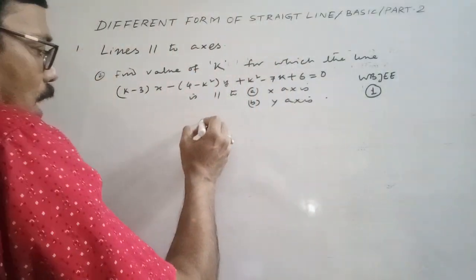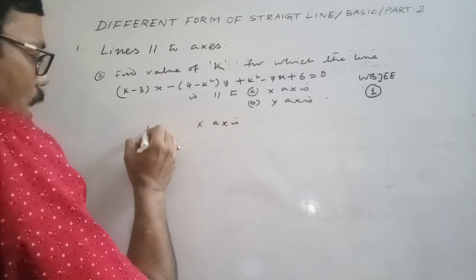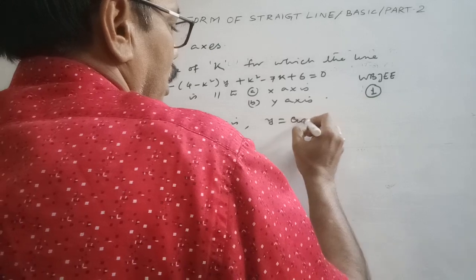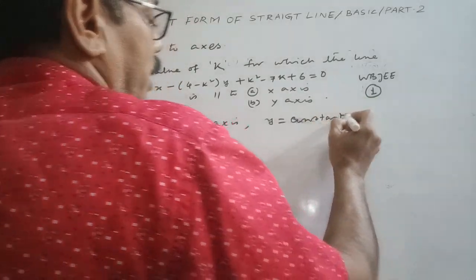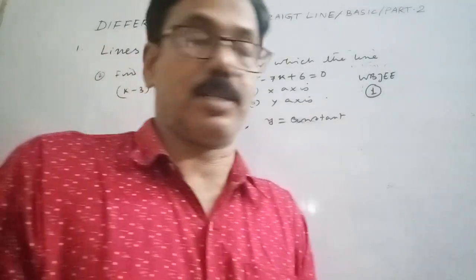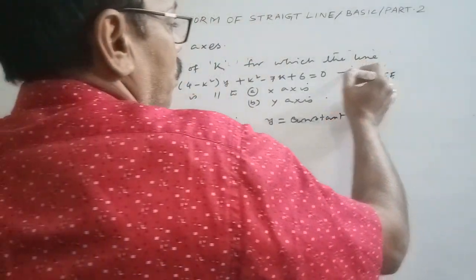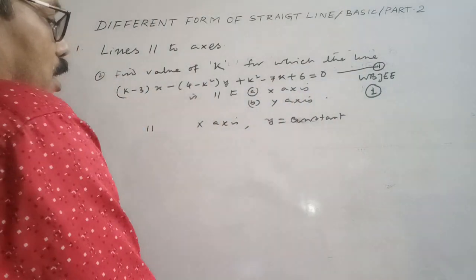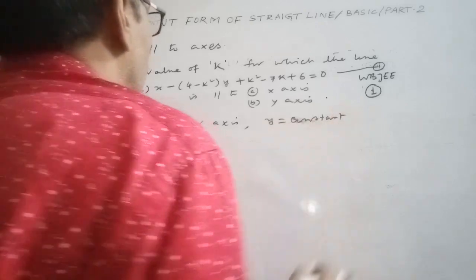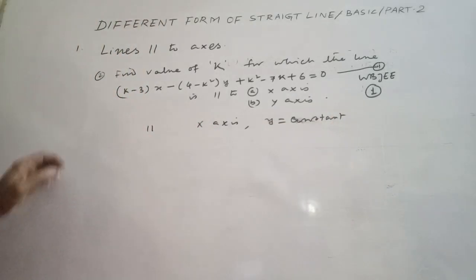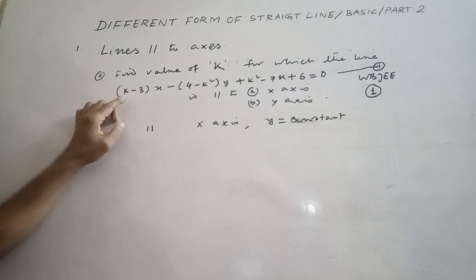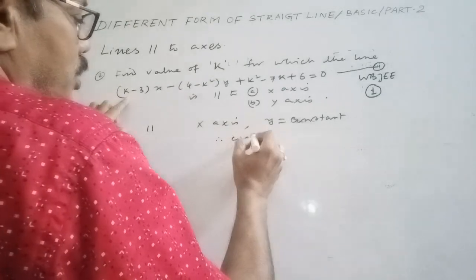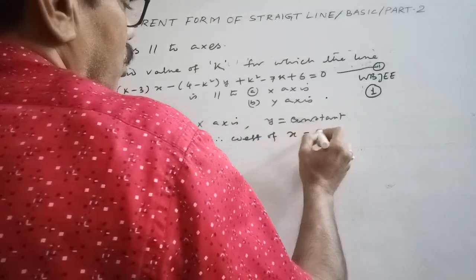Now when it is parallel to x-axis, y equals to constant. That is, there is no x. Therefore, the coefficient of x must be 0.